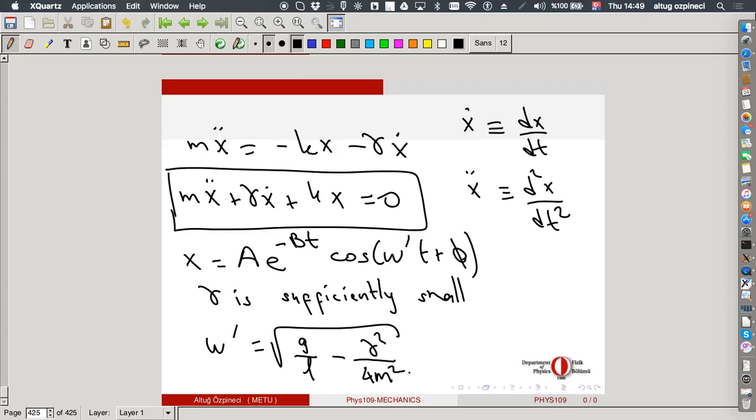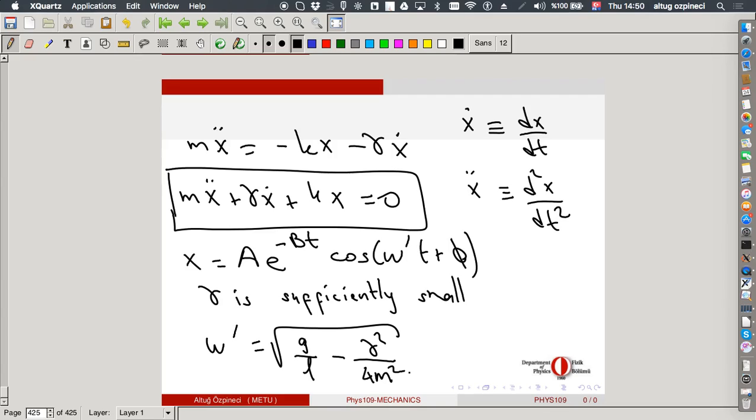Now you will derive this equation, and this is something that you should do once or twice in your lifetime. It's your first year, you will do it. So if gamma is small enough, then under the square root you have a positive number, and that's the new angular frequency appearing over here, omega prime. Also, it's not a big surprise that the angular frequency is now smaller than before, or the period is larger than in the absence of dissipation, because what dissipation does is slow down the motion.